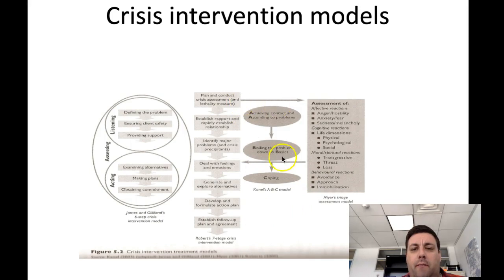This is Kanel's ABC model. The ABC is nice because it's easy to remember: achieving contact, boiling down to basics, and then coping. And then there's Myer's triage model over here.